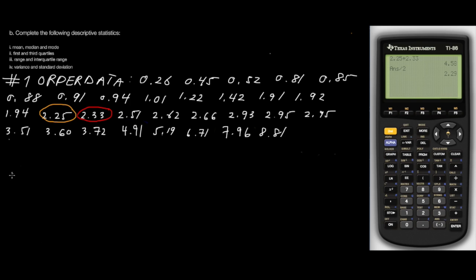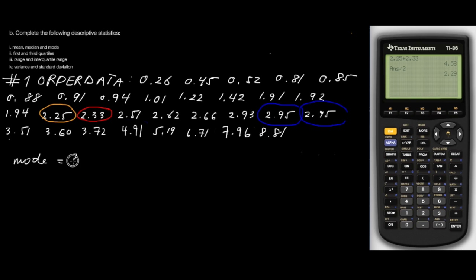Now let's find the mode. The mode is very simple. The mode is simply the value that is repeated the most often. So here we can see that the only value that is repeated more than once is 2.95. We have 2.95 once, 2.95 twice. So that is our mode.